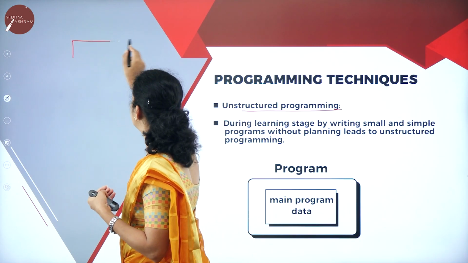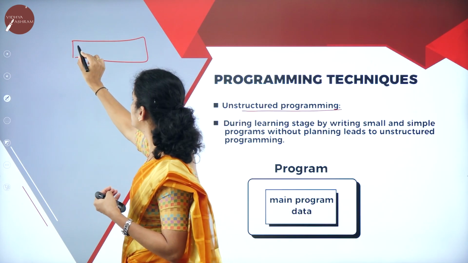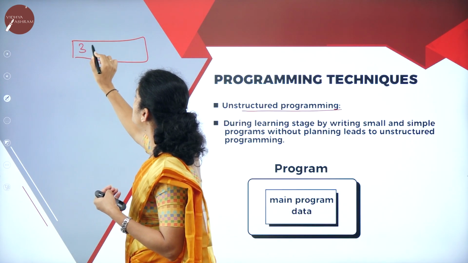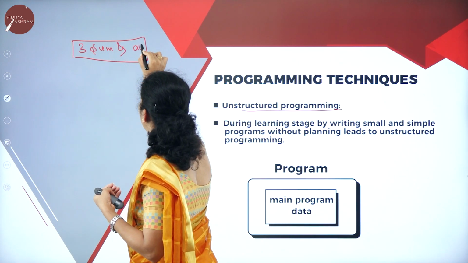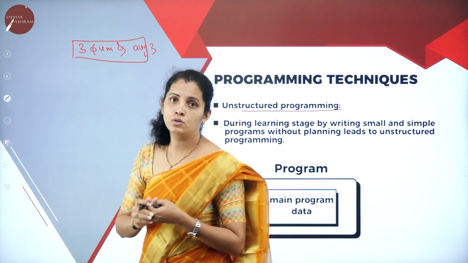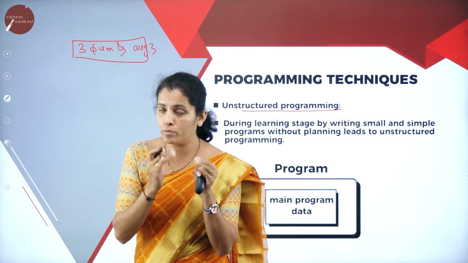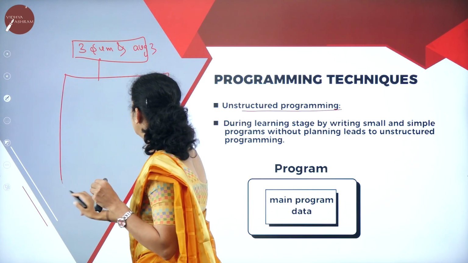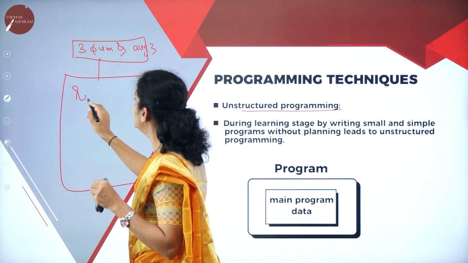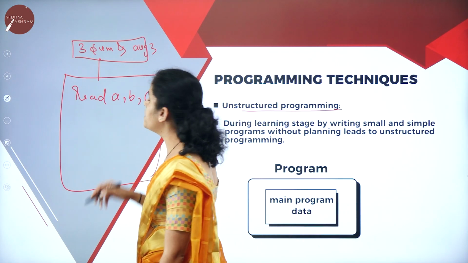Think that this is your main program. So what is the program here you are going to have? That is, find the sum of three numbers and the average of three numbers. I'm not going to decompose the problem. So directly I'm going to write the solution. That is, read A, B, C. So what is A, B, C here?